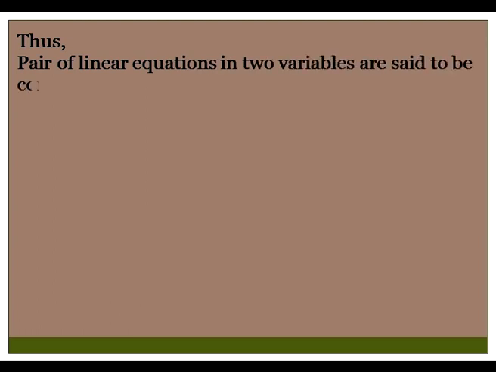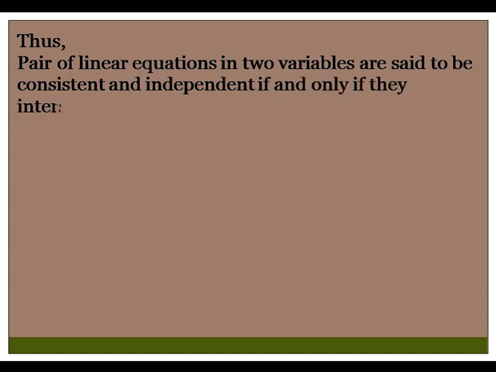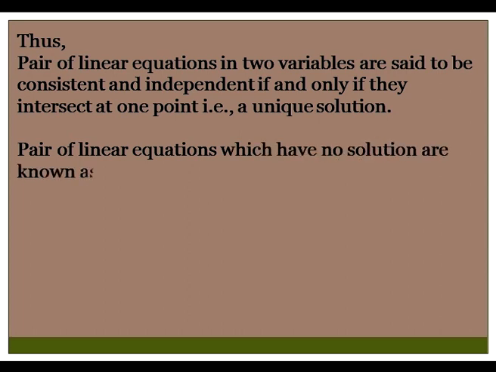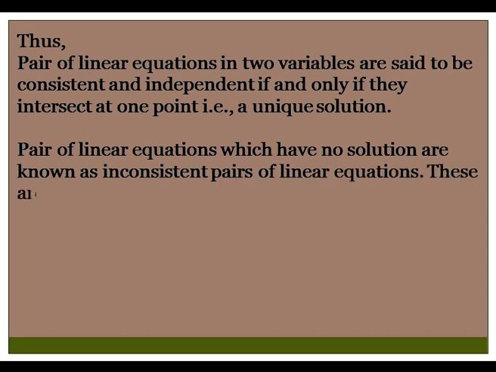Thus, we can say that pair of linear equations in two variables are said to be consistent and independent if and only if they intersect at one point, that is a unique solution. And pair of linear equations which have no solution are known as inconsistent pair of linear equations.